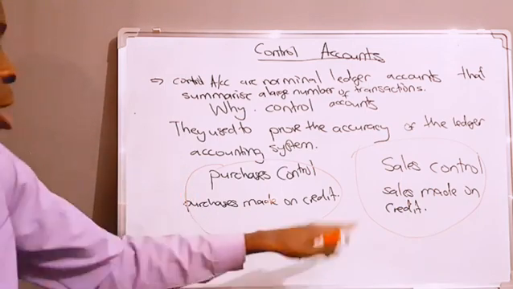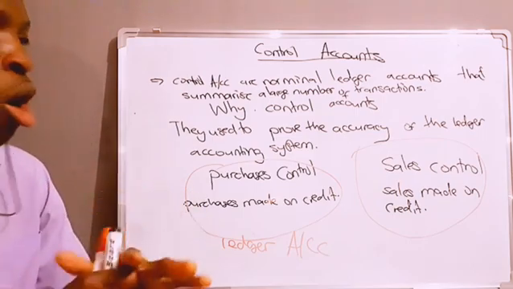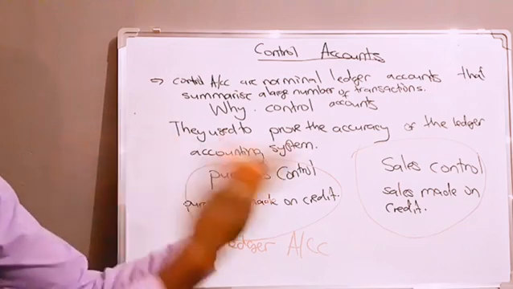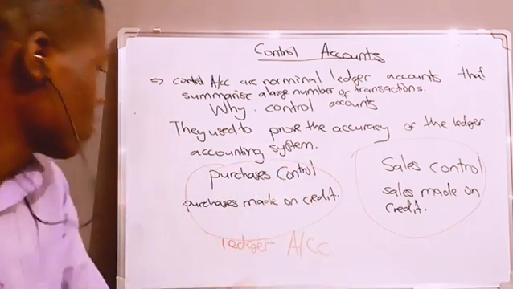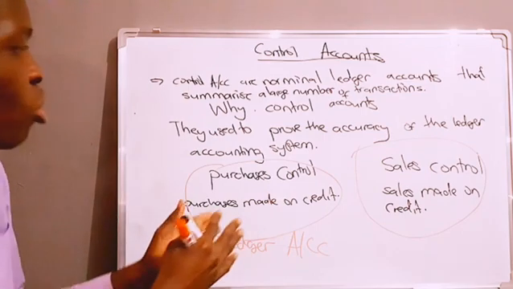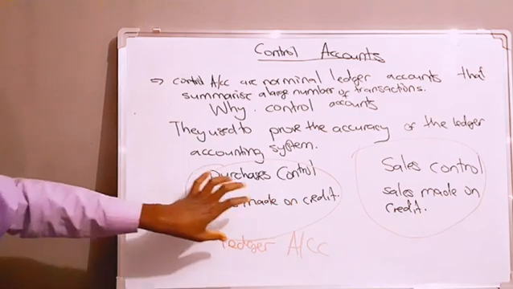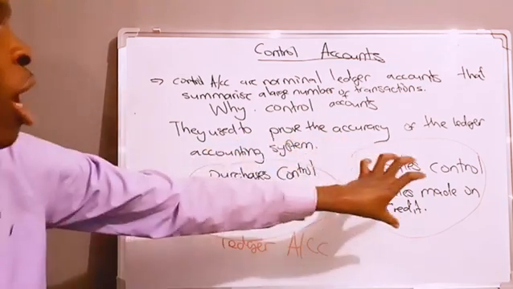And then the purchases ledger, we use it to track our purchases. I want to know who I owe. For example, this supplier is owed 1,000 US, this supplier is owed 200. So a ledger account makes us able to track those people, whereas the control accounts are used more for accounting purposes.